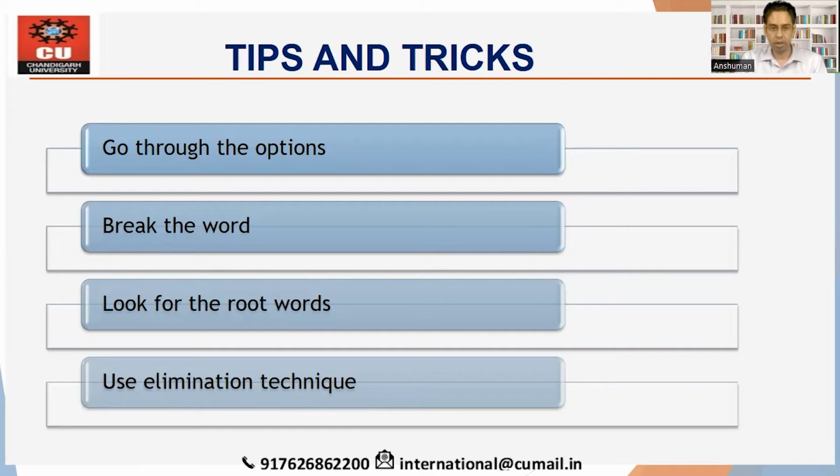The second tip is to break the word. How can you break the word? For example, if the word is improvement or dishonest, if you remove dis and keep honest, then in some way or other you will find through the options which word is close to the meaning of the word you have broken.